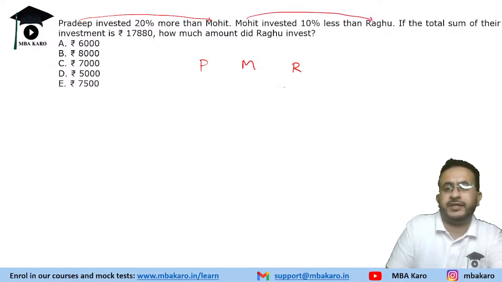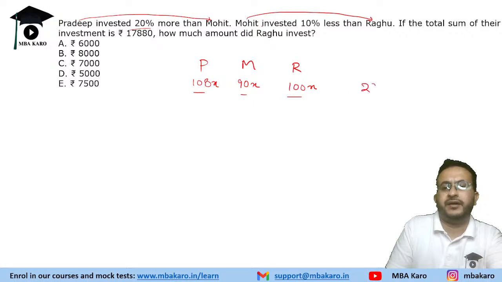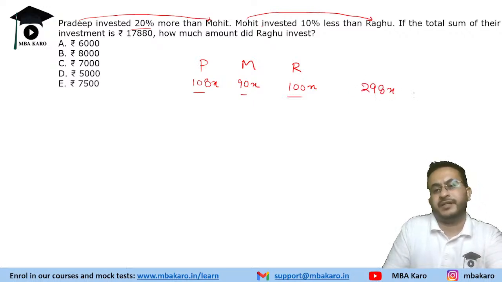So let us take Raghu as 100x. Mohit will be 90x, and Pradeep will be 20% more, so 18x more, making 108x. So 100 plus 90 plus 108 is 298x. That is equal to 17880.